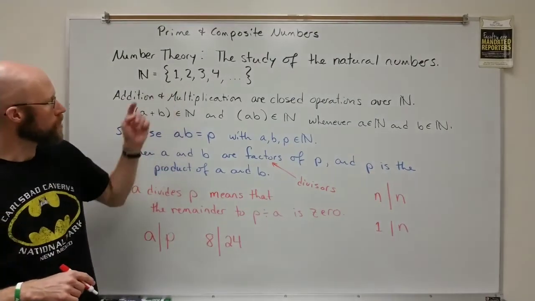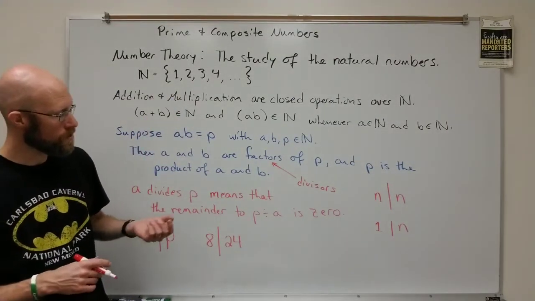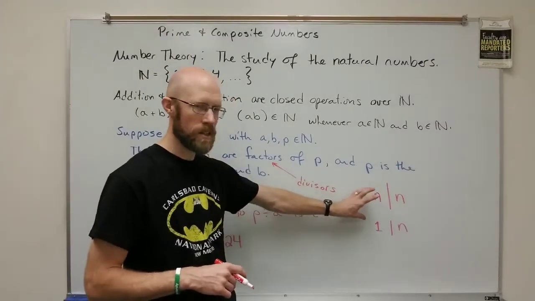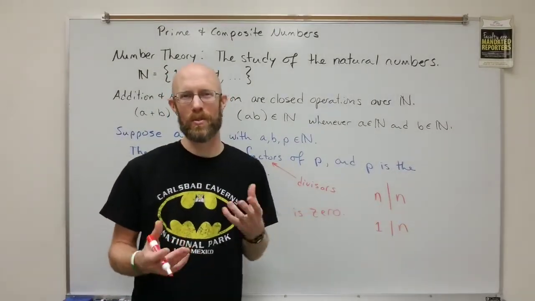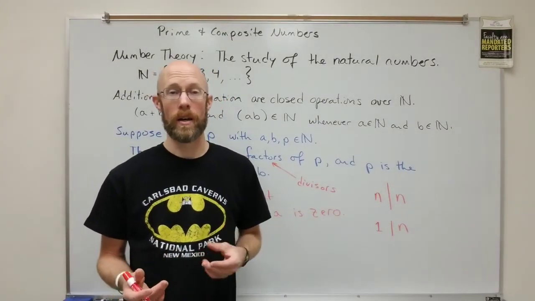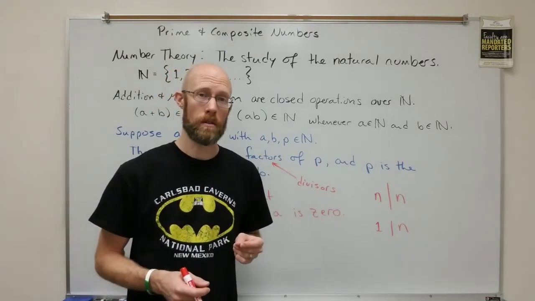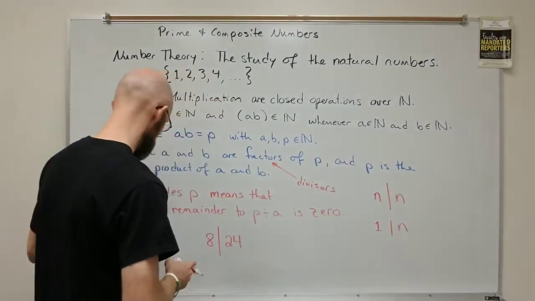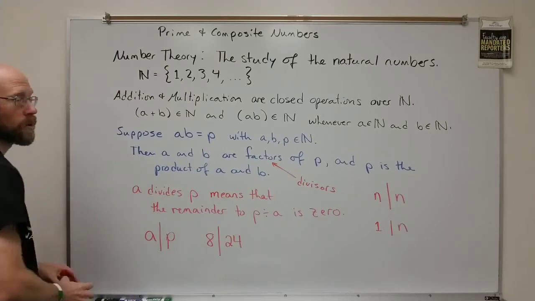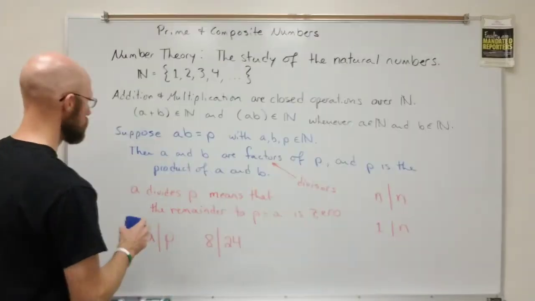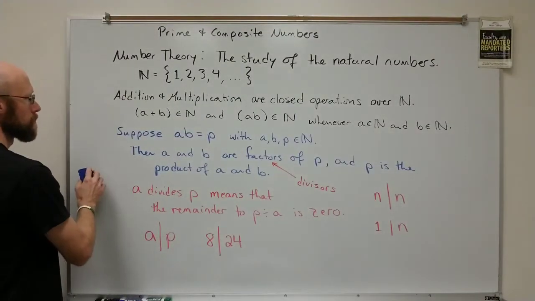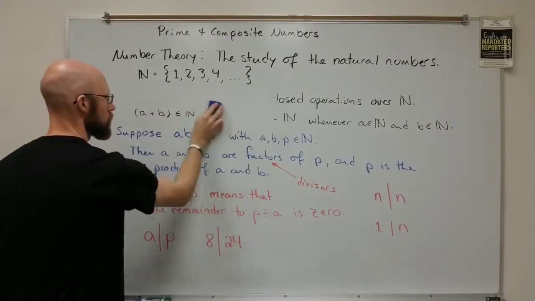Now the number 1 is kind of interesting because it merges these two things together, so you really only get one factor of the number 1. In fact, it's the only number that has one factor, or one divisor. Now I'm speaking in terms of divisors.